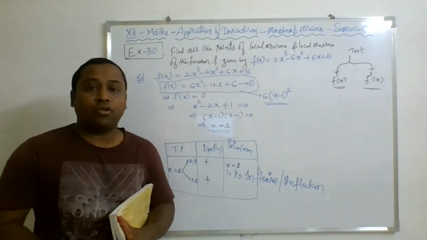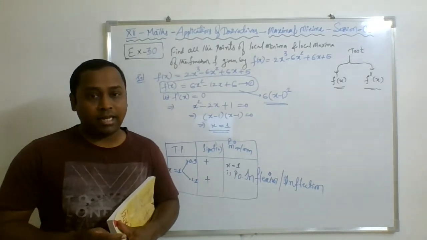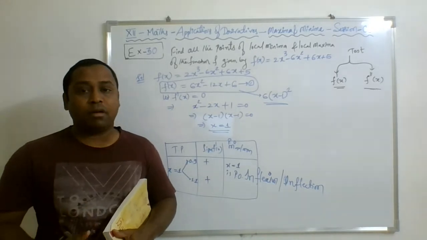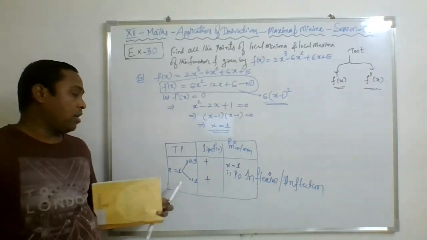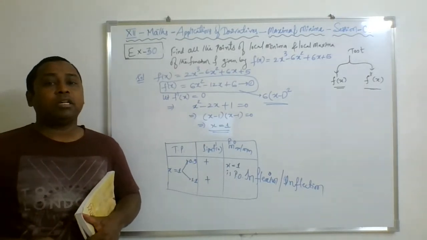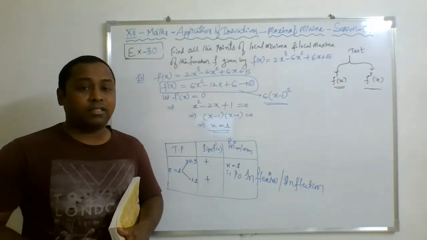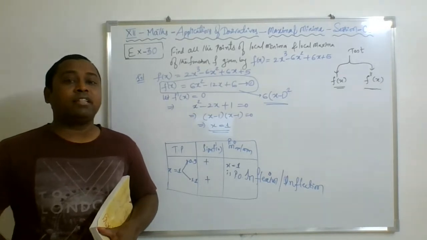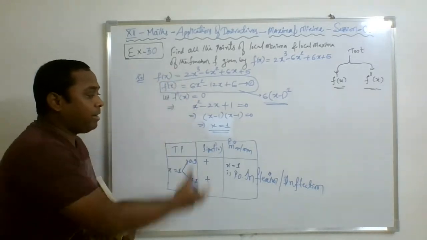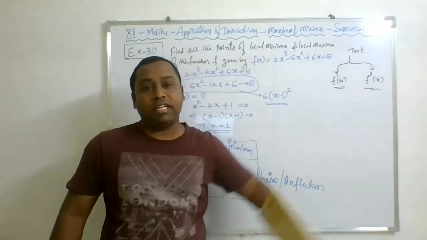So we have taken two questions where you observed some critical points act as points of local minima, local maxima, and some points act as points of inflection, where the function attains neither a maximum nor a minimum value. The method we are following is called the first order derivative test.